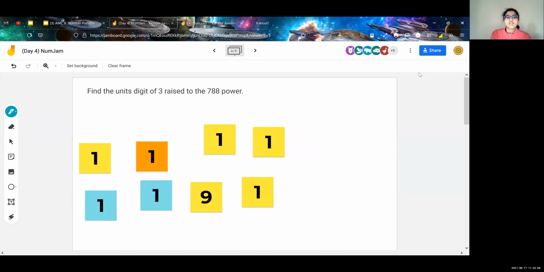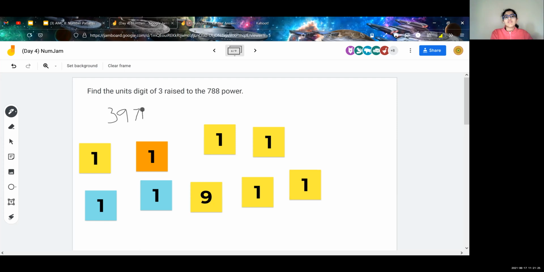Okay, so find the units digit of 3 raised to the 788 power. So 3 to the power of 788. Well, there were 7 answers earlier, so 8 shouldn't be too bad. 3 follows the pattern of 3, 9, 7, 1.